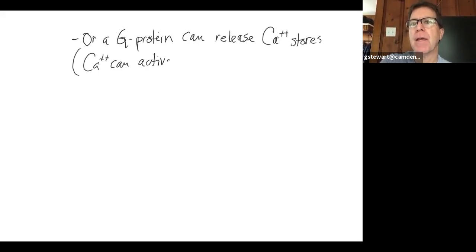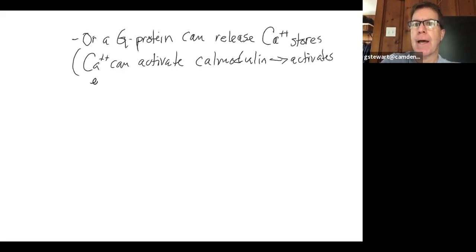Calcium can activate something called calmodulin. I'm getting ahead of myself on the spelling. That's calmodulin. Calcium can activate calmodulin, which just activates enzymes.